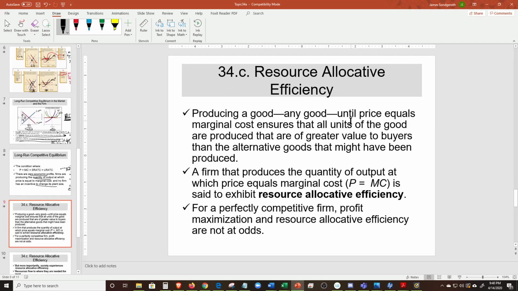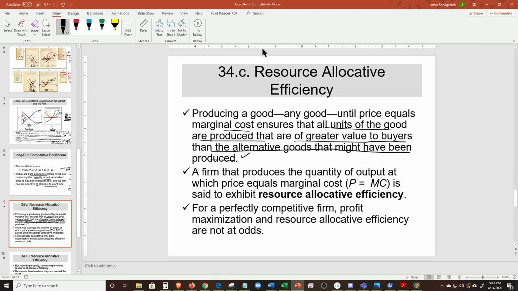So here we have more on resource allocative efficiency. Producing a good, any good, until price equals marginal cost ensures that all units of the good are produced that are of greater value to buyers than the alternative goods that might have been produced, okay?